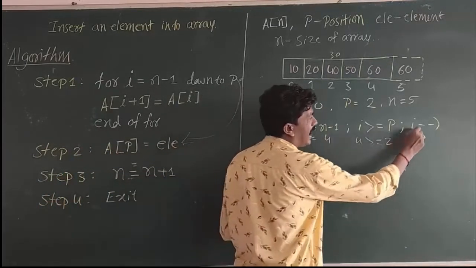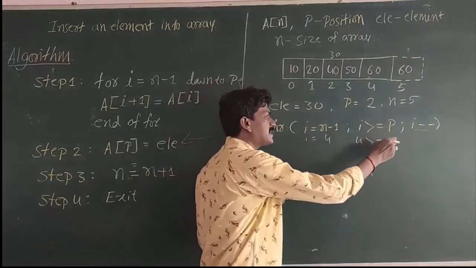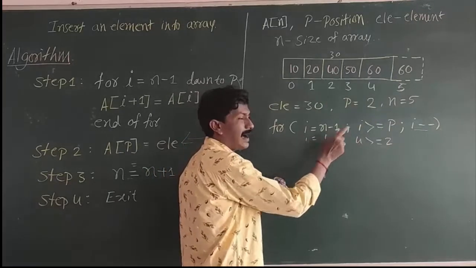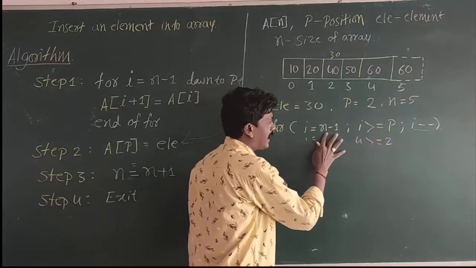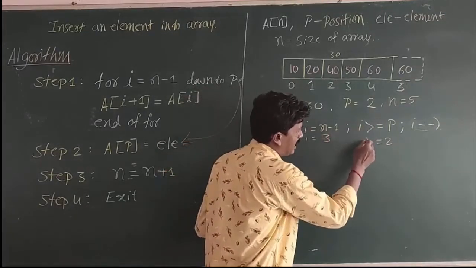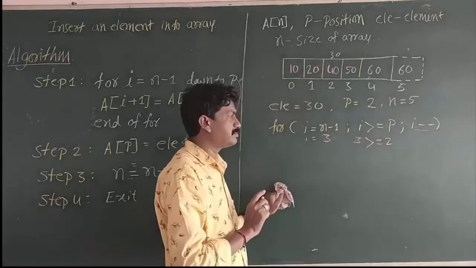After this, i minus minus decreases the i value by 1. Initially the i value is 4; now i becomes 3. Now the i value 3 is greater than or equal to 2, so the condition becomes true.